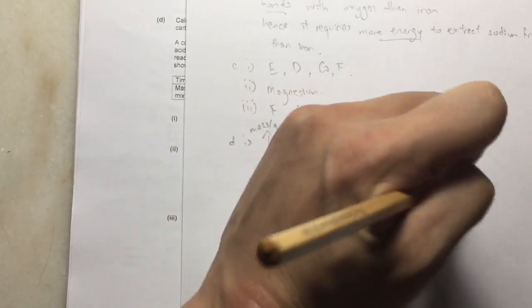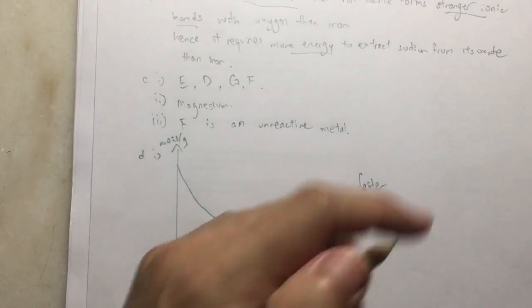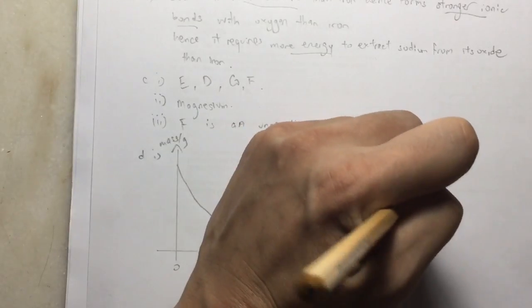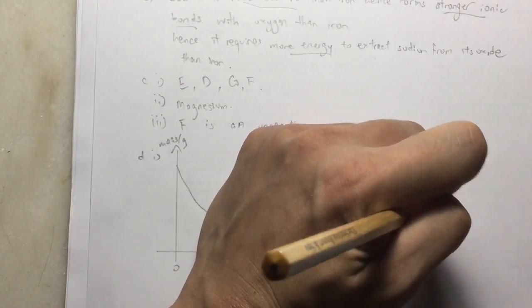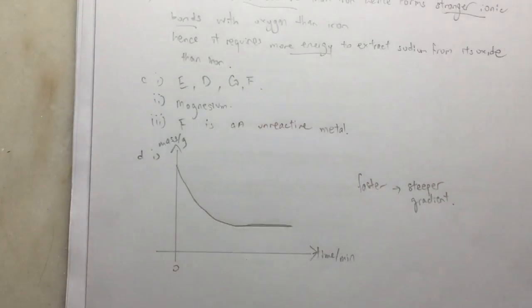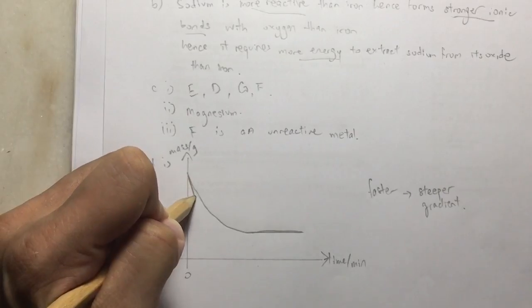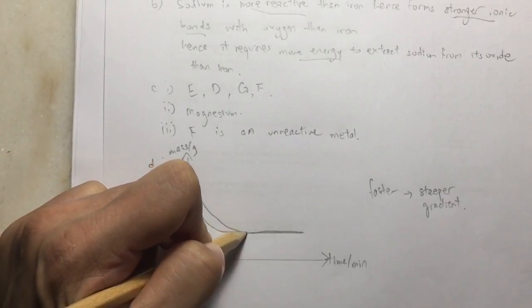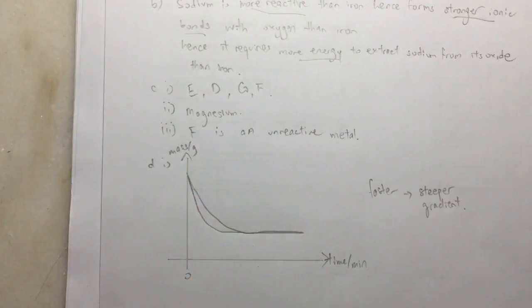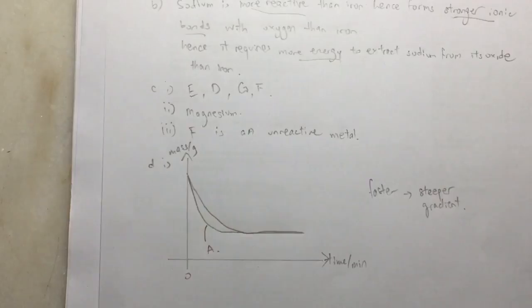So I'll just make notes down here. Faster refers to steeper gradient. So let's plot it in again. Steeper gradient would thus be like so, and then I end off a bit earlier. Okay, and I label this A.